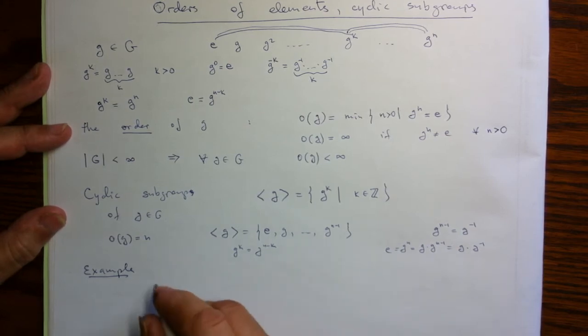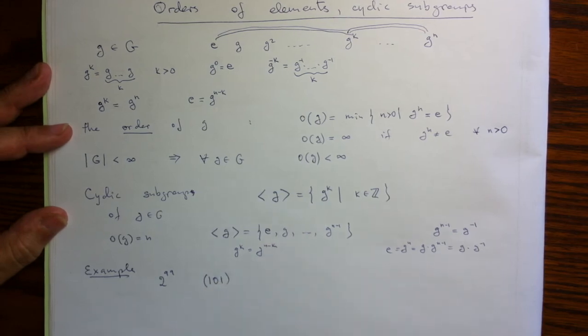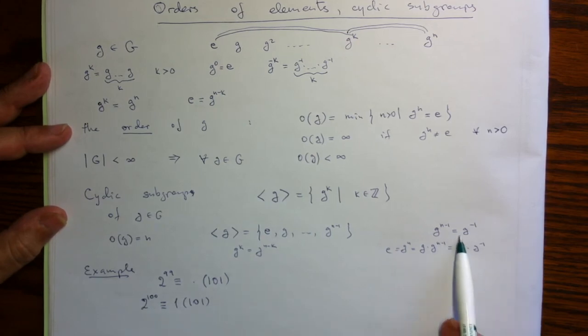Say we are to compute the 99th power of 2 modulo, say, the prime 101. And we want to find the remainder of this. Well, let's remember Fermat, who says that the hundredth power of 2 is congruent to 1 mod 101. So the order of 2, well, we don't know, but we know that the hundredth power is 1. So we can play the same game. We can say that this is as good as 2 inverse.